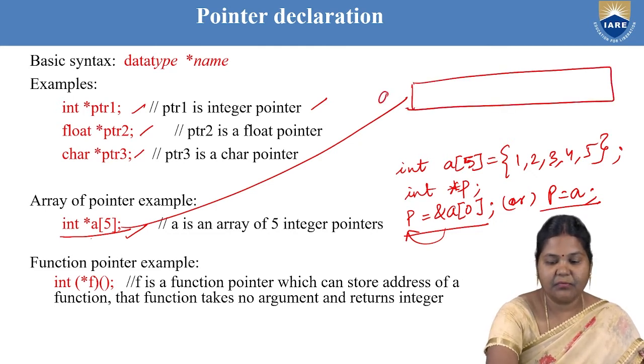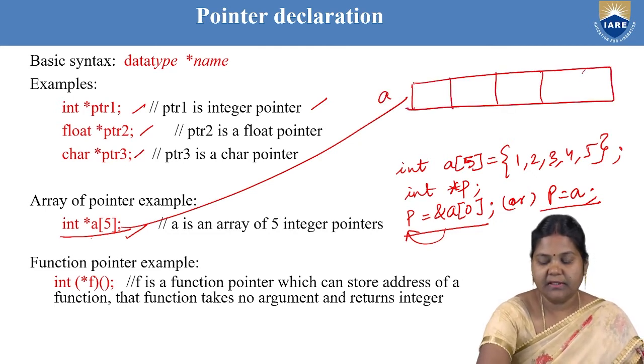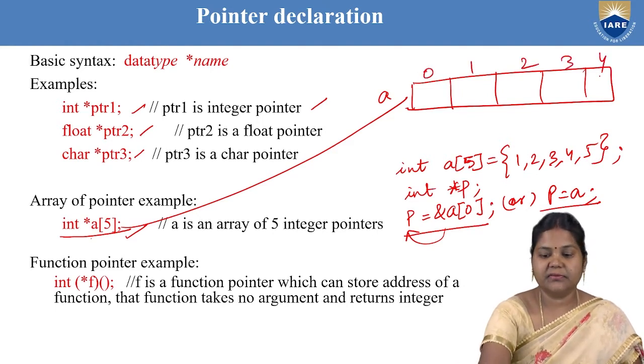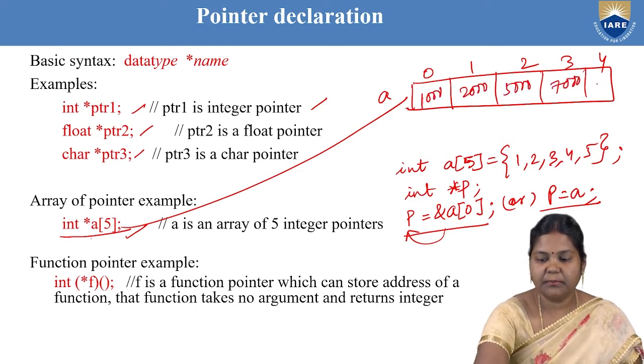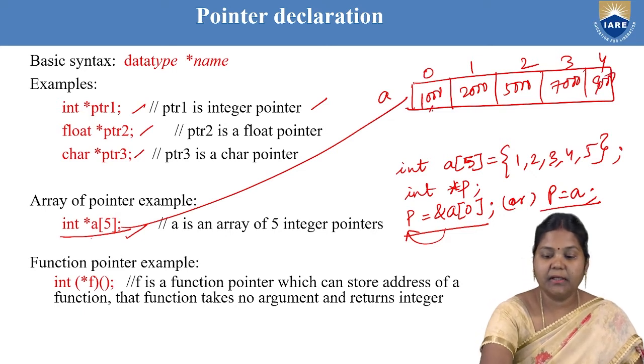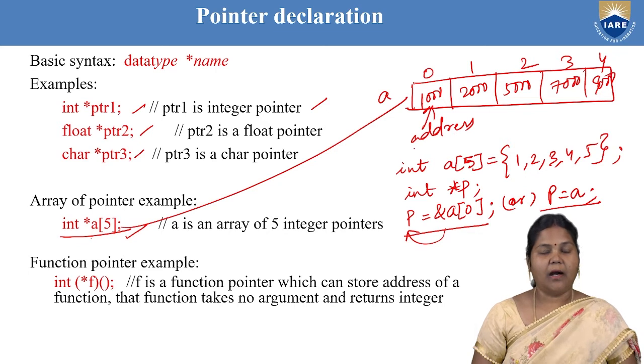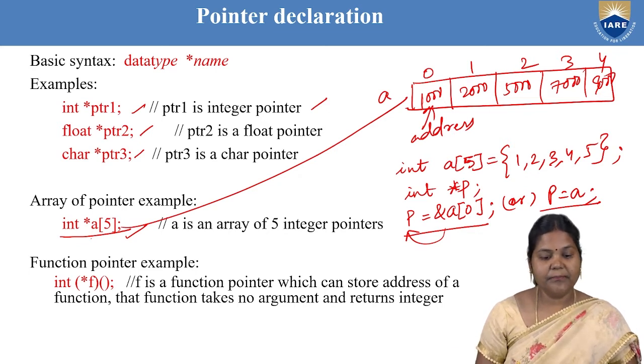This is a of 5, so 0, 1, 2, 3, 4. It contains 5 addresses, suppose 1000, 2000, 5000, 7000, 9000. So each one is an address. It contains 5 addresses of 5 different variables. Okay, so this is an array of pointer example.